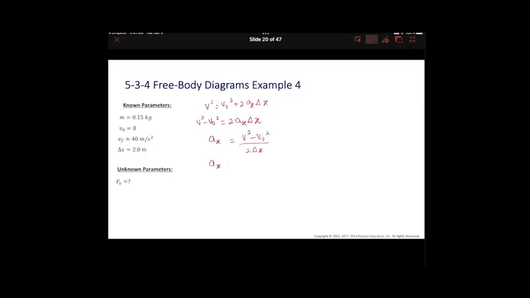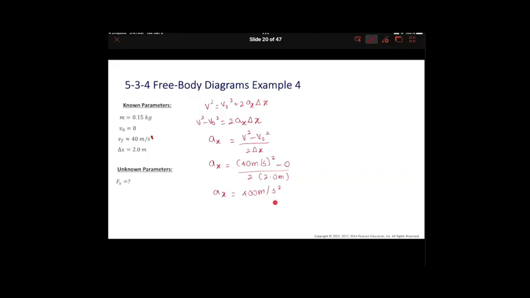Now we can substitute the values. v is 40 meters per second, squared, minus v0 squared, which is 0, over 2 times delta x, which is 2.0 meters. Therefore the acceleration is 400 meters per second squared. Now we know the mass, which is given, and we found the acceleration.